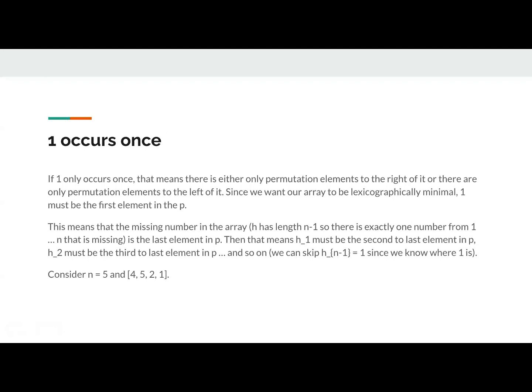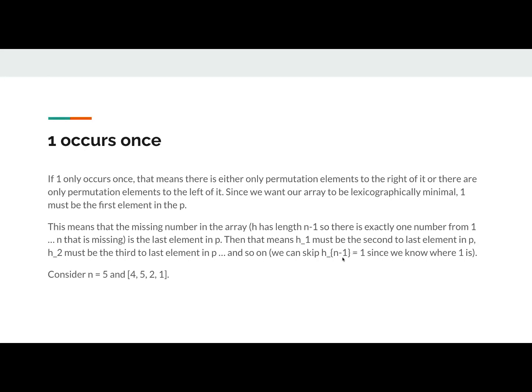So if we consider simulating the process, we know that the last element is greater than 1 because everything's greater than 1. So we know that the first number written down has to be the second to last element in P. So we know that H of 1 must be the second to last element in P. We know that H of 2 must be the third to last element in P, and so on, until we write down all the numbers up until H of n minus 2.